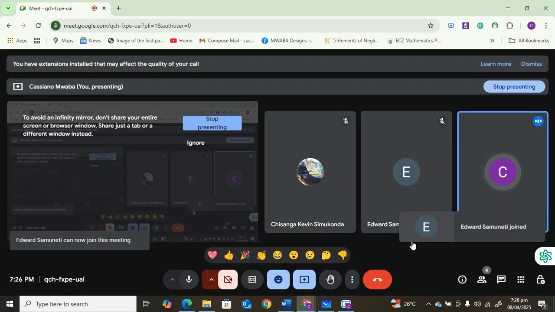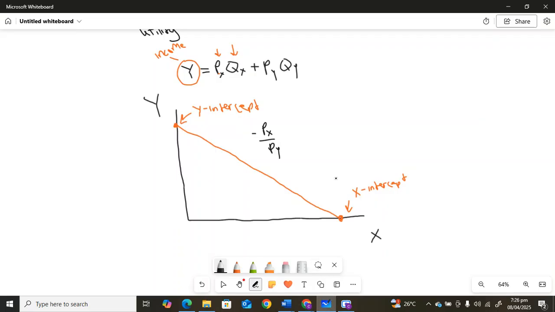So first, let me make an actual budget constraint equation, and then we'll get the x and the y-intercept, explain what they mean. We'll get the slope and explain also what it means. Okay, so for example, let's say the price of good x, Px, is 2 kwacha.